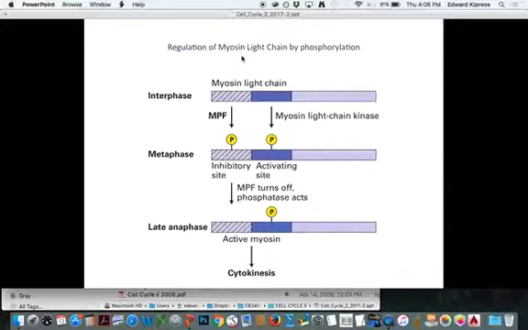So as soon as cyclin B is degraded, this site is no longer being phosphorylated and gets dephosphorylated by the many phosphatases in the cell, and now this thing becomes active. That's why cytokinesis only occurs after cyclin B is degraded, because before that, the whole myosin 2 complex is inactive due to MPF phosphorylation.